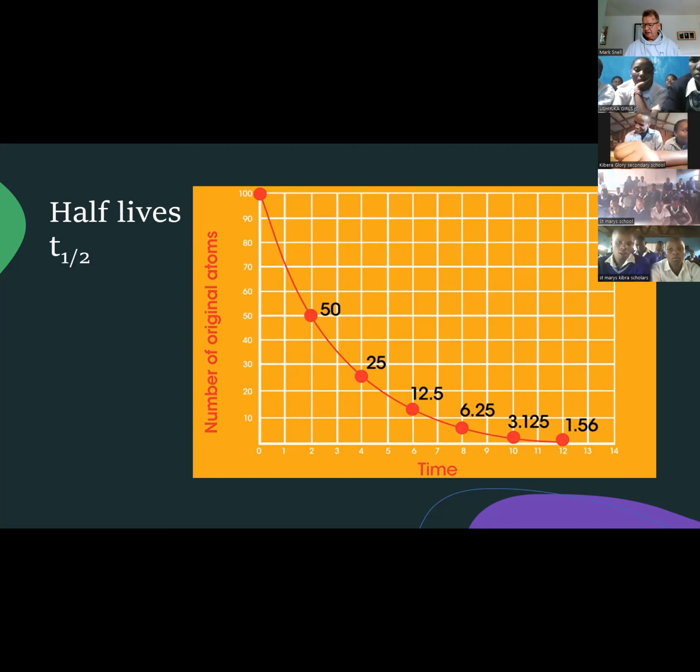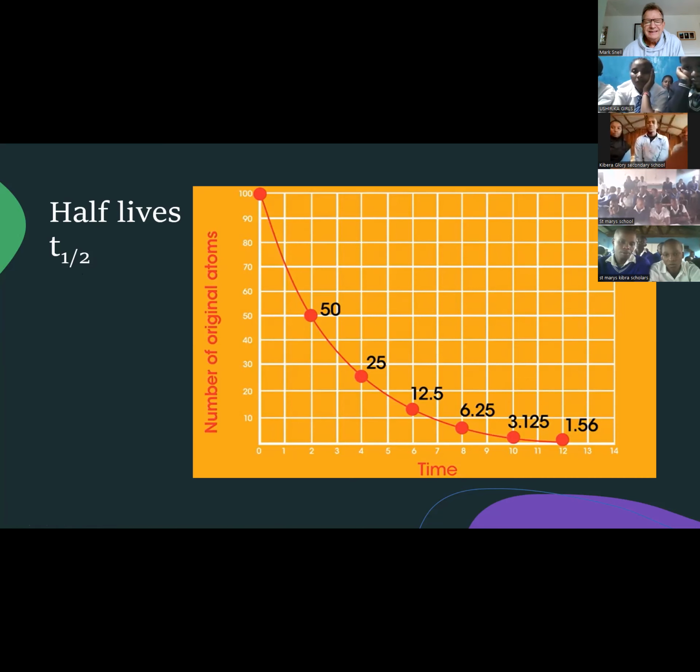In other words, if I start with 100 atoms here up at the top, and it goes down to 50 atoms, then the time that it takes to halve that will be the same as the amount of time that it takes to go from 50 down to 25, from 25 down to 12.5 atoms, but that's, if we were doing this in grams, 100 grams to 50, 50 to 25, 25, and so on. It's given the symbol T1/2, okay? T with a half underneath it as a subscript. Okay, T1/2 is half-life.